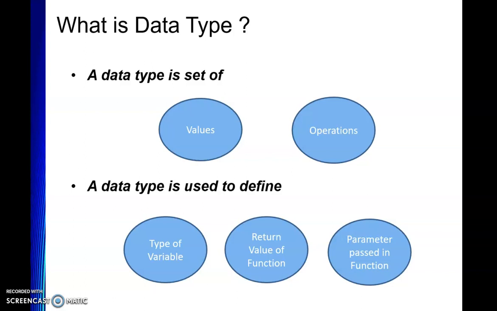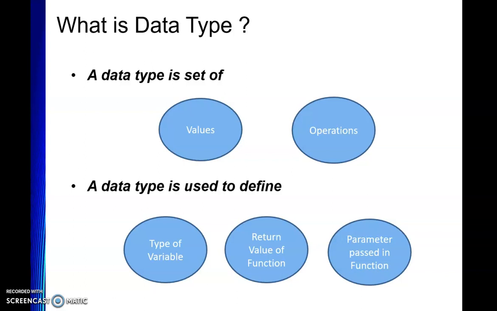Data types usually deal with values, and we are talking about the operations. That is the reason why we know what operators are used in order to do the operations. Data type is used to define the type of a variable, which we have already seen. Two more places where data types are very important when we are discussing functions: one is the return value of the function, another is the parameters passed in the function.